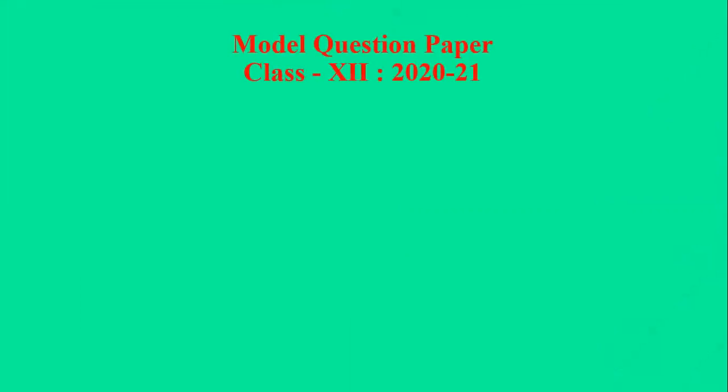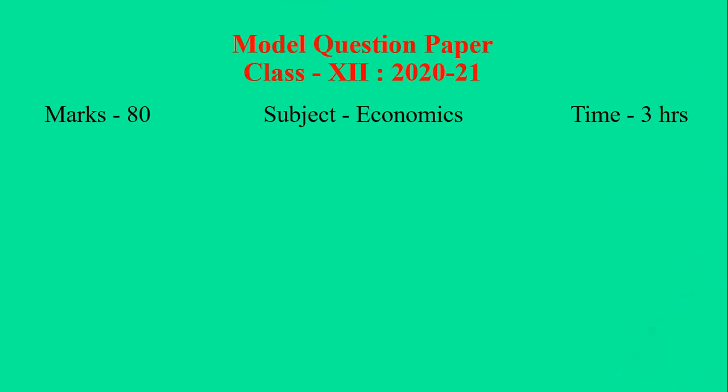Now the most important part of this lecture, that is model question paper. Marks 80, time 3 hours. This model question paper is a combination of question paper and model answer. I will be giving some sample answers for some questions. And the next important thing about the model question paper is that in our textbook, parameters of objectives are given.